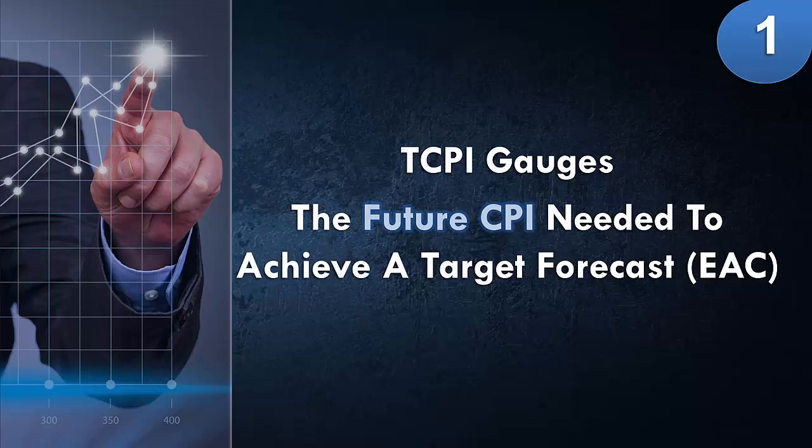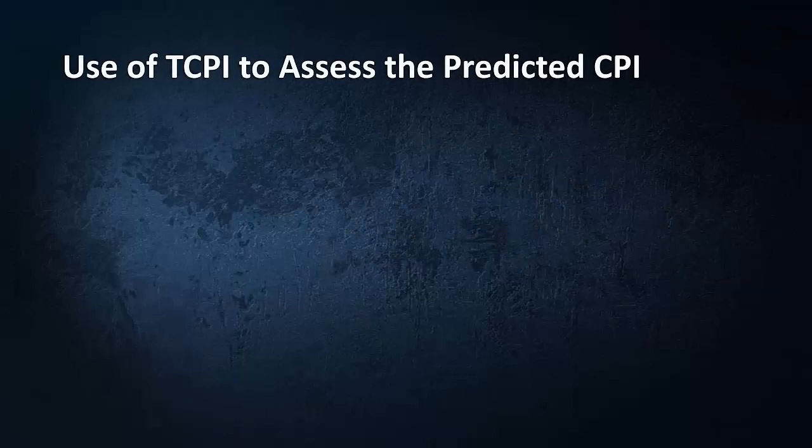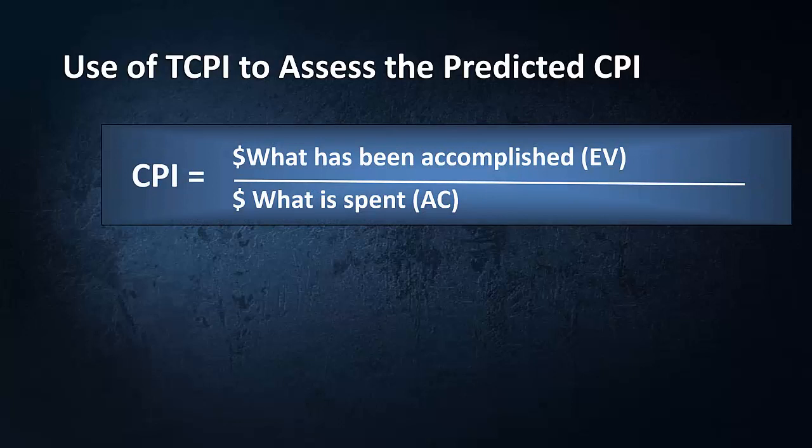To determine the TCPI, or basically predicted CPI, first let's review the formula for our Cost Performance Index, or CPI. CPI is the dollar value of what has been accomplished to date, which is basically earned value, or EV, over what has been spent to date, or our actual cost.